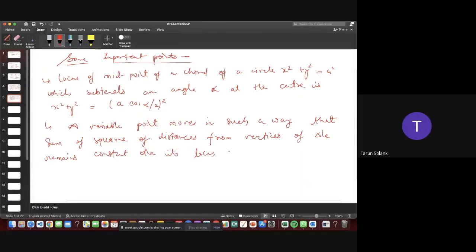Then its locus is a circle whose center is the centroid of the triangle, right?